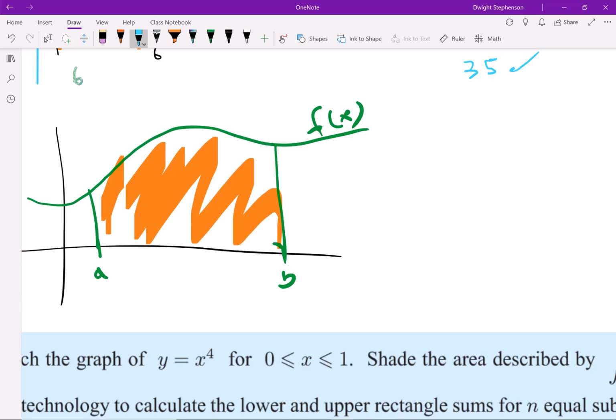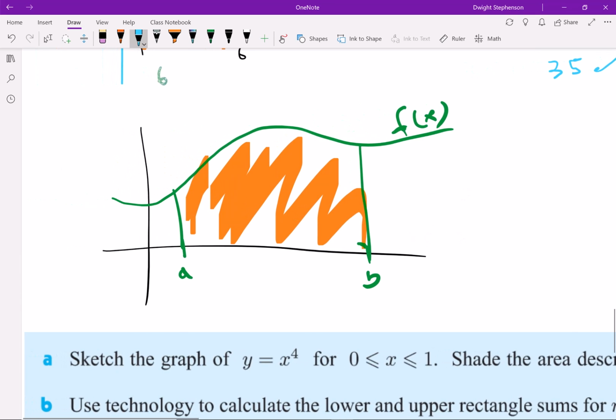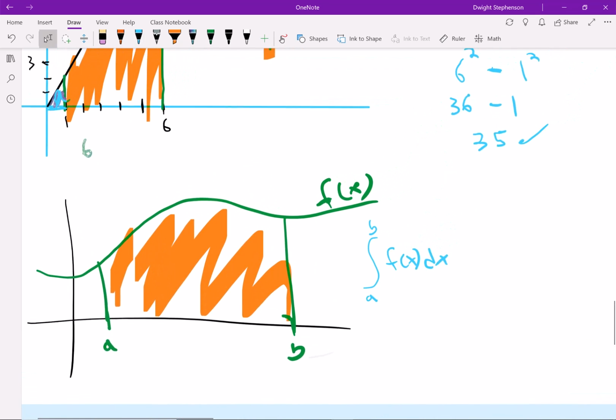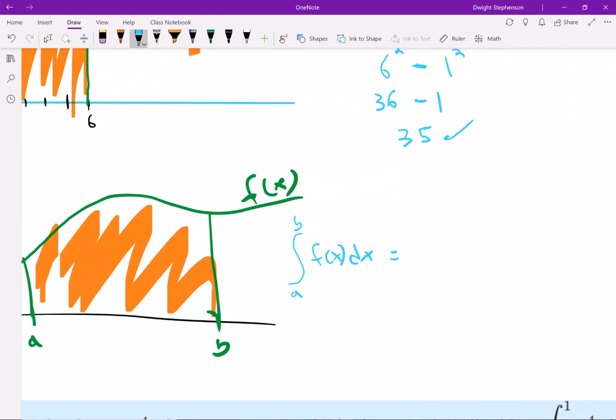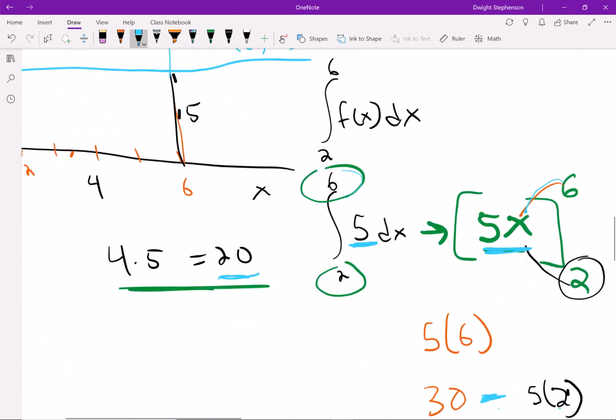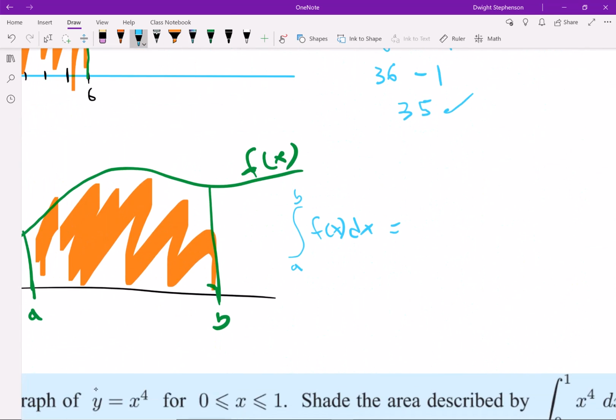Then based on what we were just talking about, this area we've been representing as this integral from a to b of f of x dx. Think about what we just did. What did we do? Well, we integrated this. We found the antiderivative. Remember, according to this notation, we're going to use big F as the antiderivative. So we're going to say, okay, this was big F of x, right?